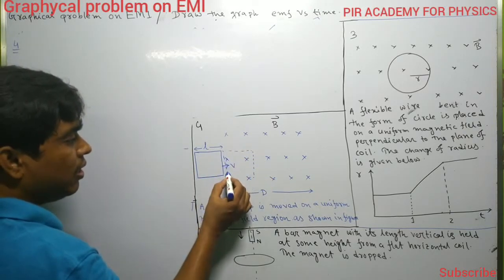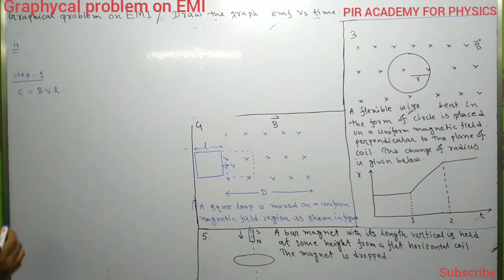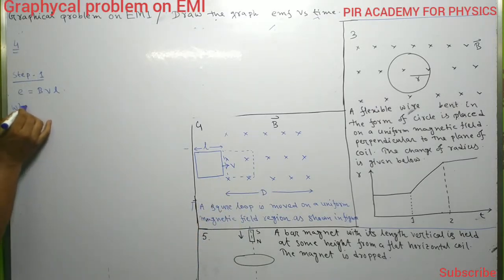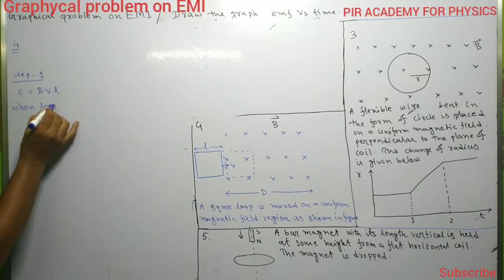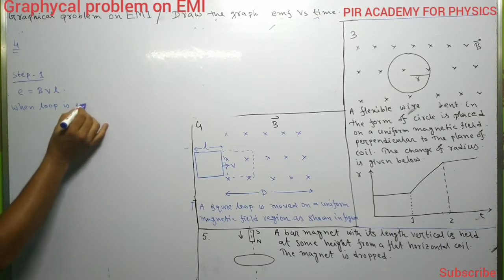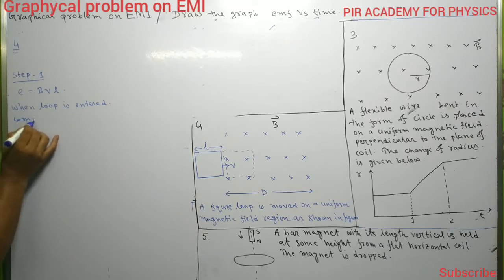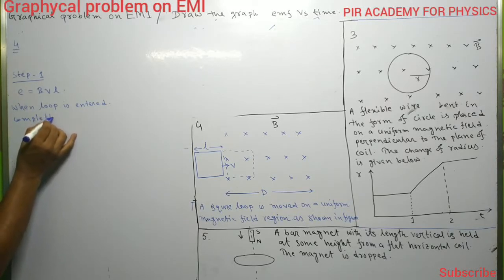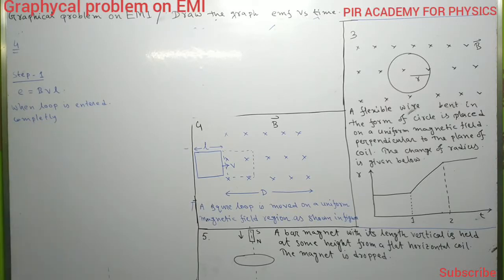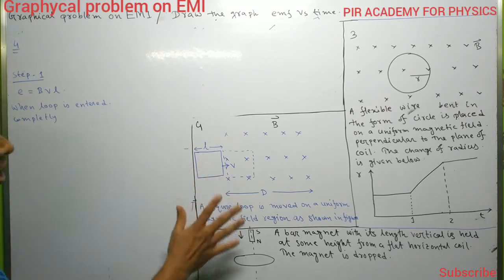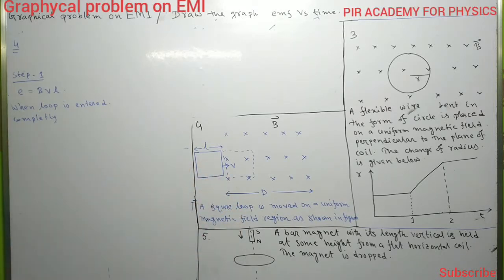When this loop reaches this condition, that means when the loop has entered completely, then there will be no change in magnetic flux.